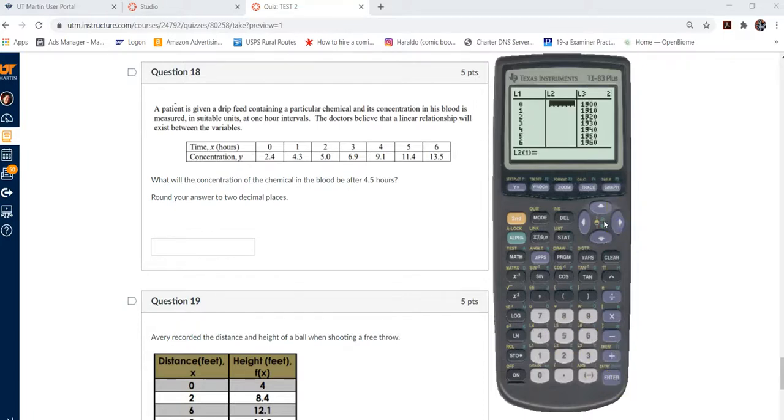And over here I'm going to have my Y values at 2.4, 4.3, 5.0, which is just 5, 6.9, 9.1, 11.4, and 13.5. Just do a quick check.